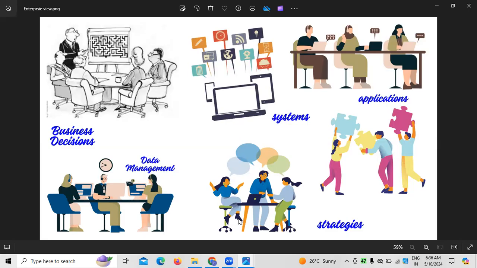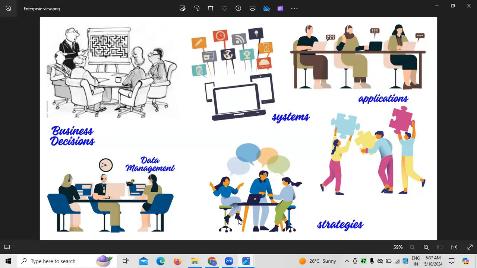If you are implementing a business decision at the organization level, they want to implement some business strategy. For example, they have chosen a business strategy to go online, to increase the volume of online sales. That's the strategy they have identified, because this is less expensive compared to that first one.